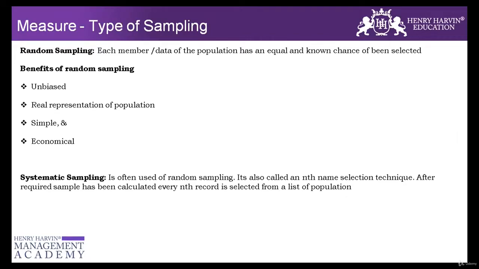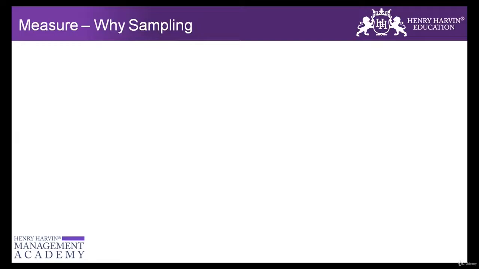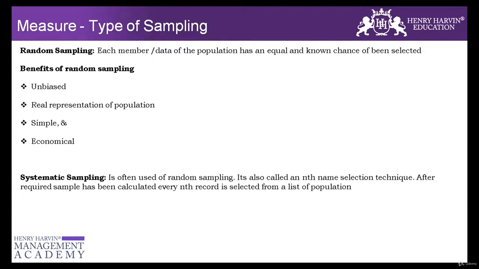The second type of sampling is known as systematic sampling. It is often used when we give some sort of sequence to a sample.